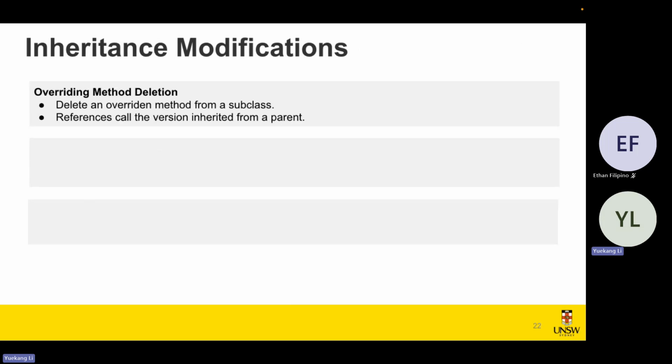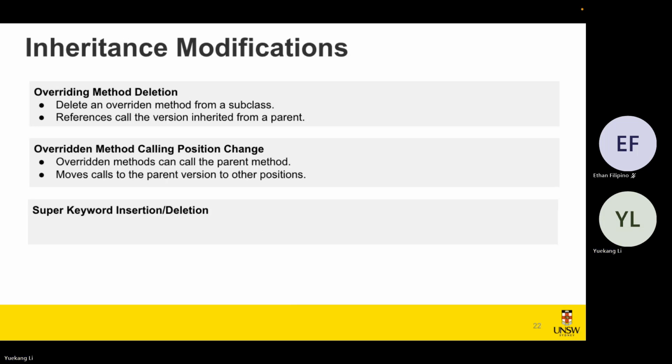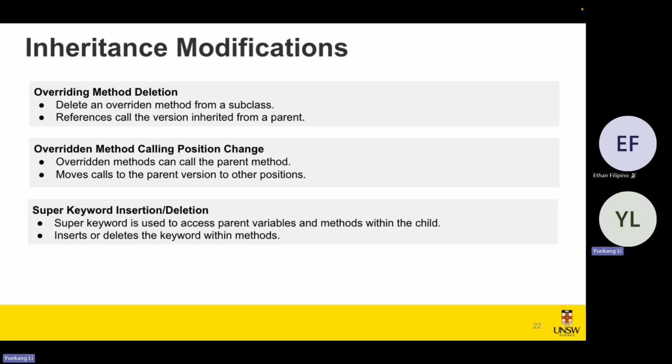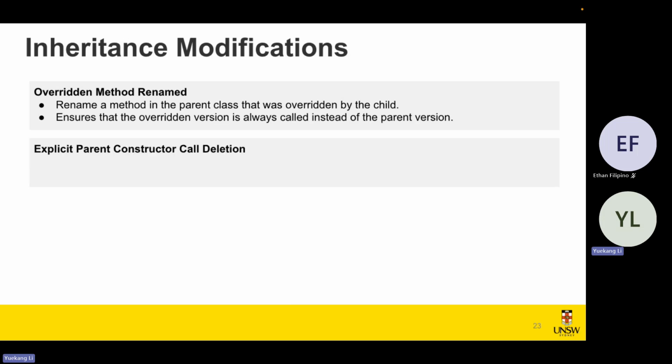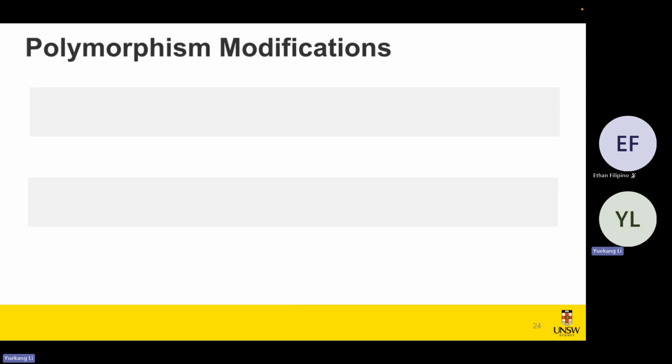And we have modifications that could be applied according to the inheritance relations, like overriding or inserting some keywords related to the inheritance relation, like super. And we can also try to apply some renaming or deletion of some key functions.